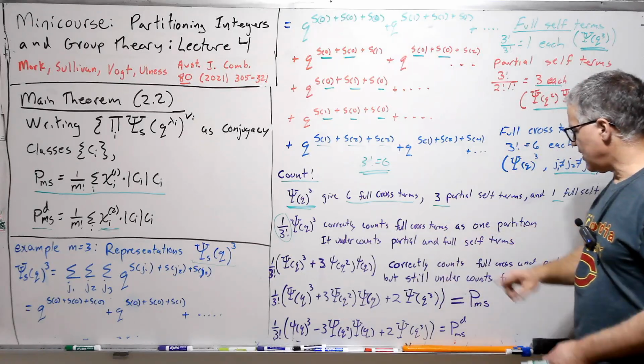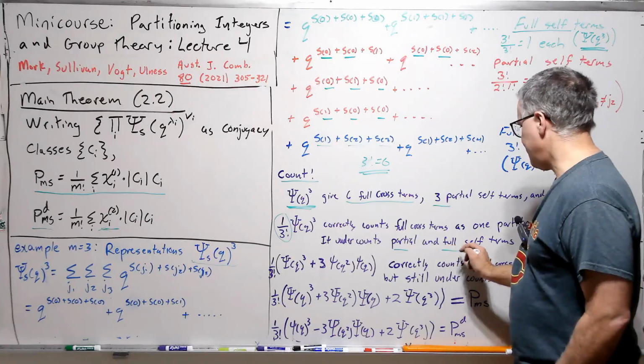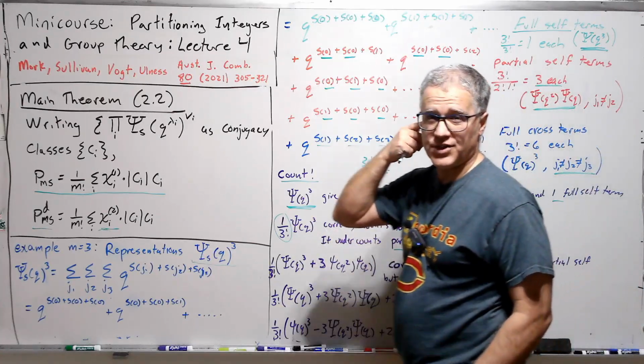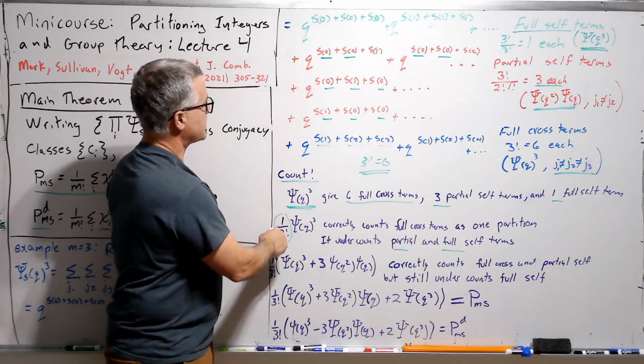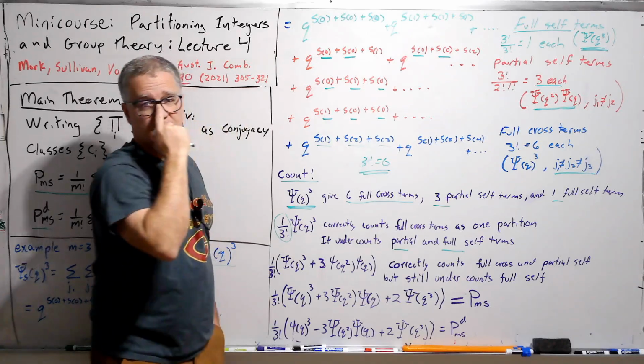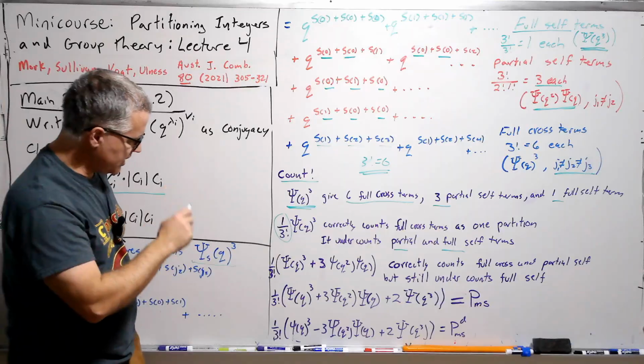So it correctly accounts for that, but it undercounts the partial and full self terms, right? Because we're dividing by 6. We don't have 6 of these, right? So we're undercounting those.